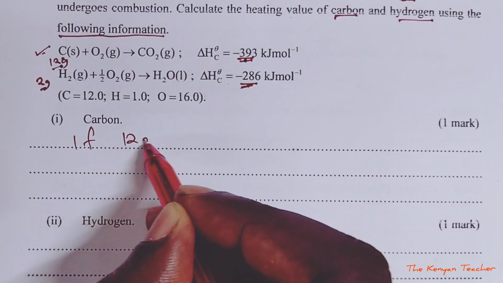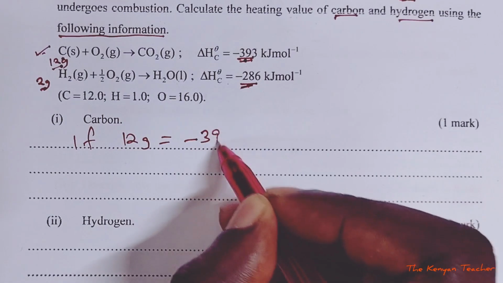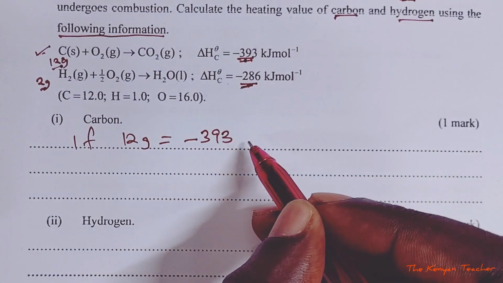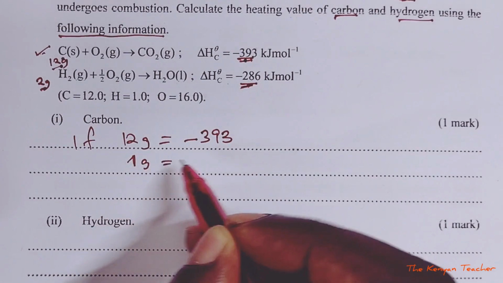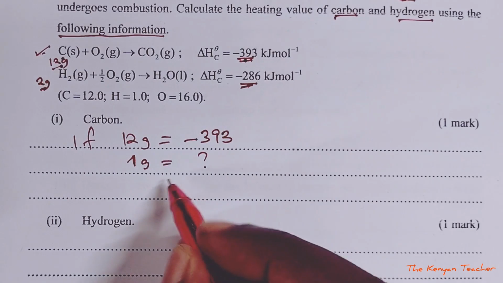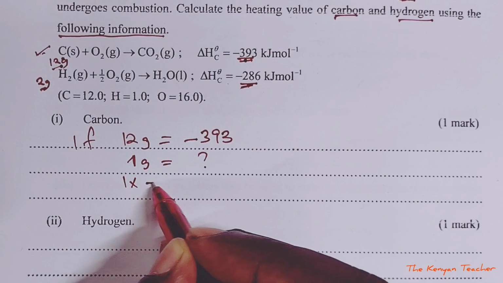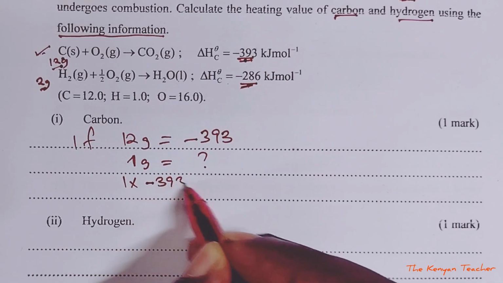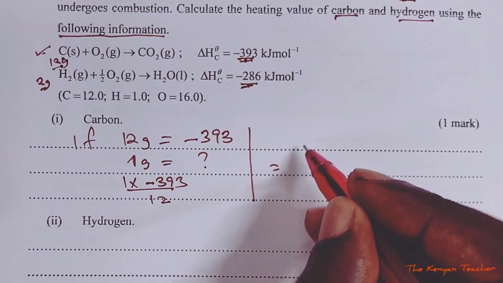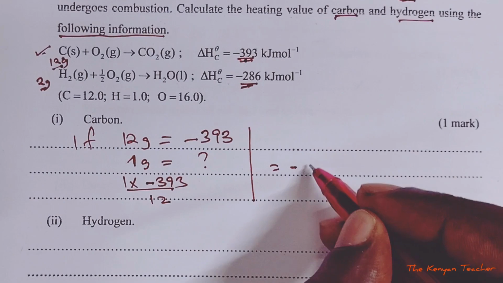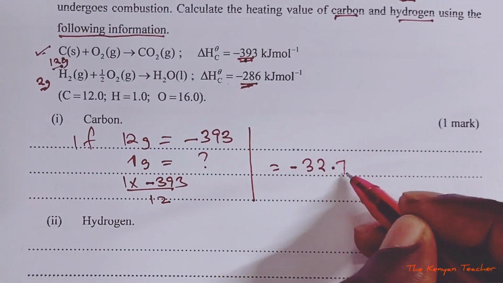So now for carbon, the argument would be so easy. If 12 grams of it produces negative 393 kilojoules per mole, how about 1 gram? So we would have how much energy? This is 1 multiplied by negative 393, and then we shall divide by 12. We get an answer of negative 32.75.